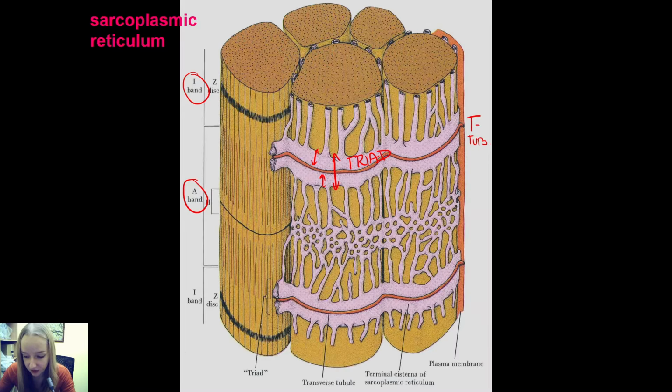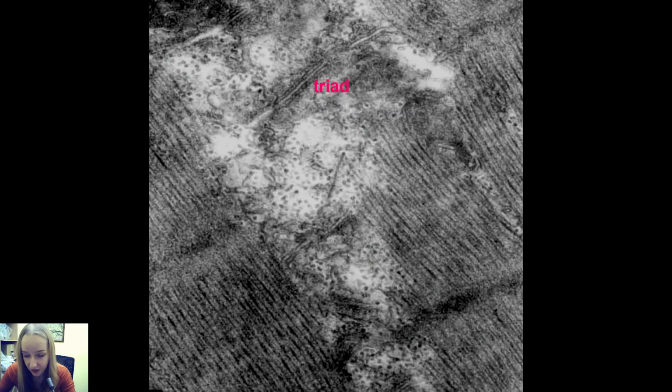We can see this triad also in the electron microscope, and maybe you will meet two pictures of the electron microscope during oral exams.